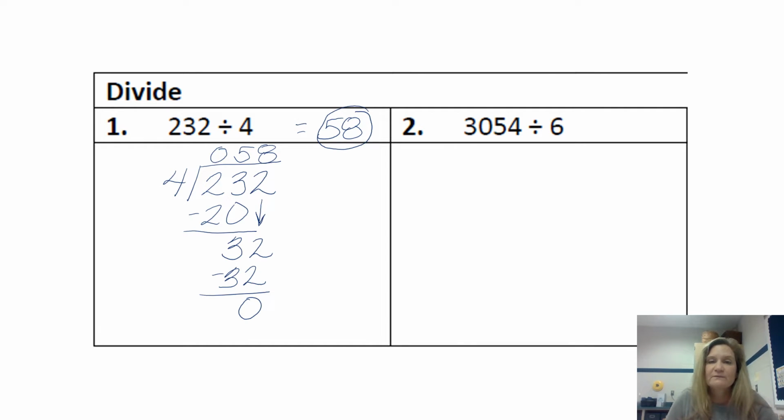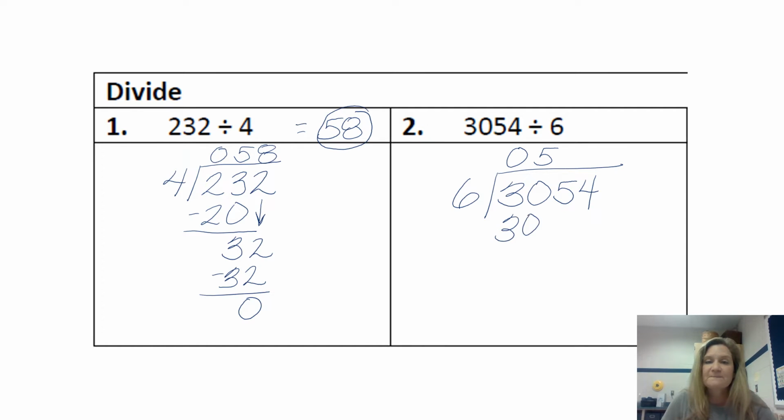Question 2. 3,054 divided by 6. 6 cannot divide 3, so we put a 0 above the 3. 6 can divide 30 5 times. 5 multiplied by 6 equals 30. Subtract, we get 0.